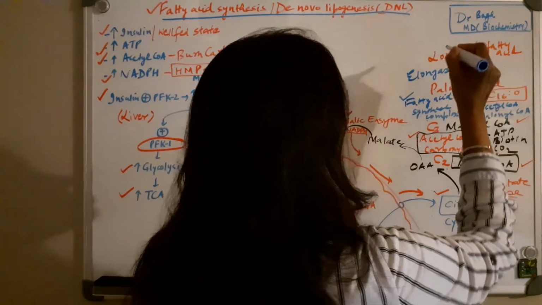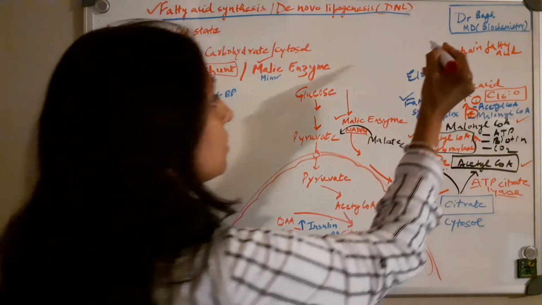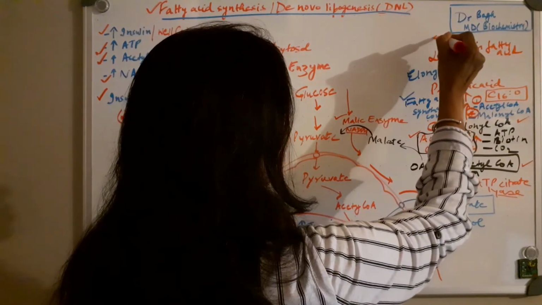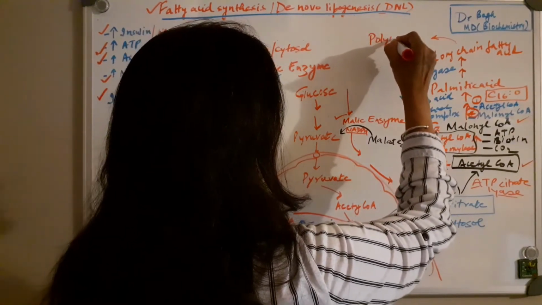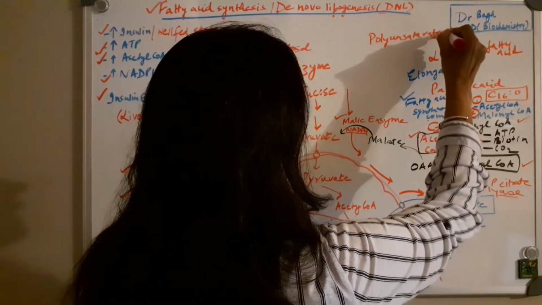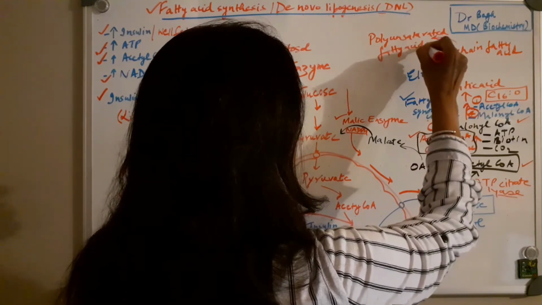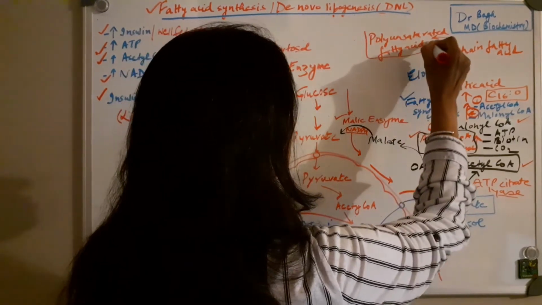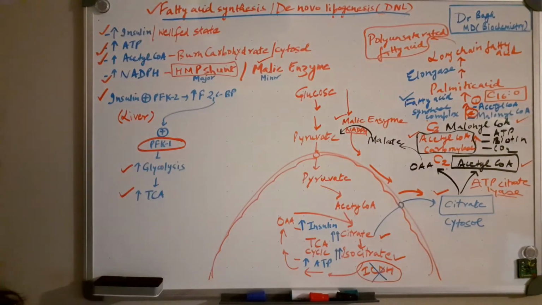Now you must also know that these are all saturated fatty acids, but you have unsaturated fatty acids in your body. So how do you add a double bond and form polyunsaturated fatty acids in your body? By the enzyme known as desaturase. Please also know that you cannot add a double bond beyond position 9.